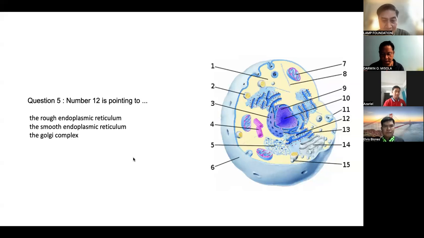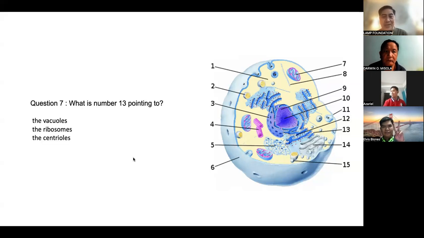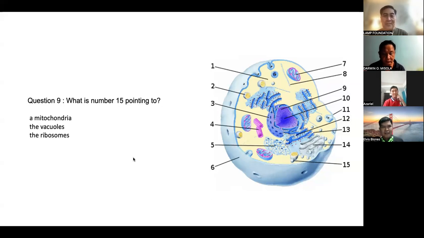What's your answer? Okay. The cytoplasm is indicated by number. Don't get confused. Okay. What is number 13 pointing to? Which number is pointing to the nucleolus? No. Okay. Number 1.